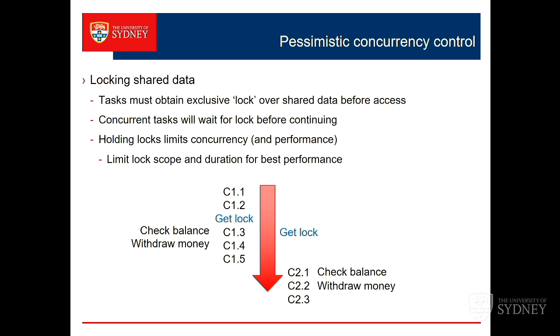I want to keep the lock on the water bottle for as little time as possible. A sip, and then I've finished with it, and someone else can grab the water bottle. So minimal locking period. So lots of things to worry about, locking scope and locking duration. We'll talk about them soon. But we have a protocol which says, get the lock, do the operation, release the lock. We must do that. So now we have those two things happening.